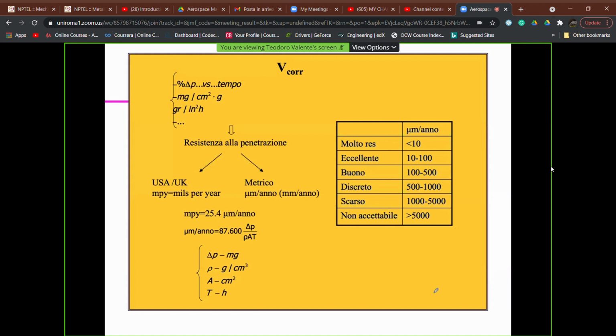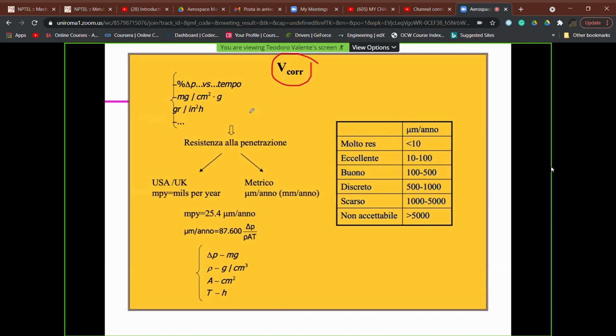This is the base for the thermodynamic approach. Then we will see in a moment how we can use it practically in order to find our answer. For what concerns, instead, the kinetic approach, our main parameter is the corrosion rate.